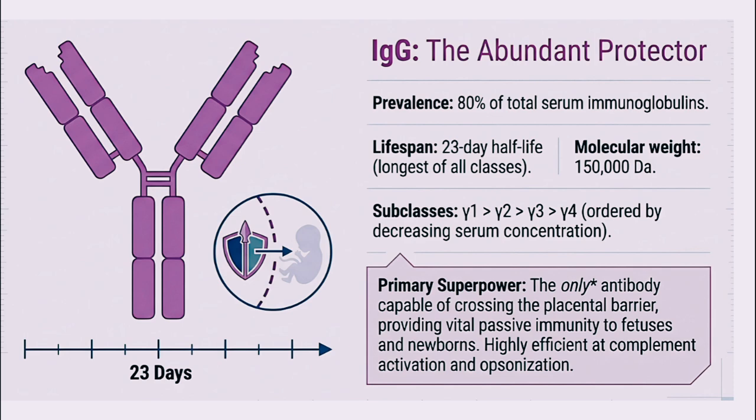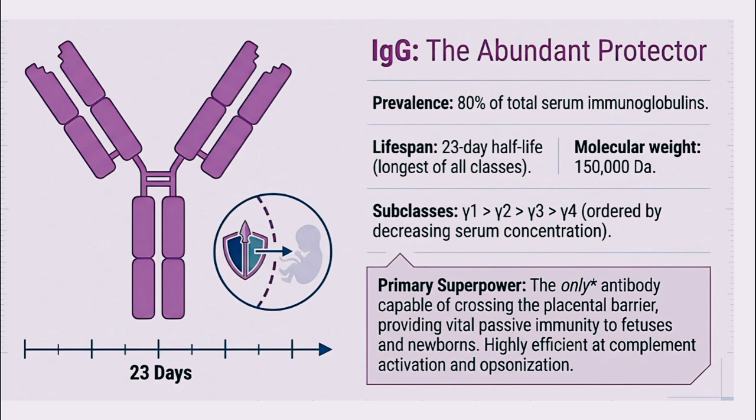The primary function of IgG is that it crosses the placental barrier. This is the only antibody structure which can cross the placental barrier inside the mother's womb during pregnancy.